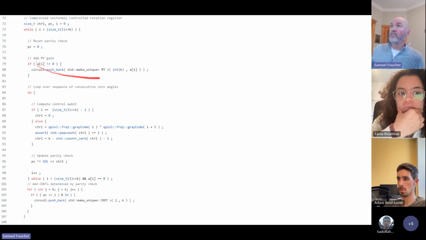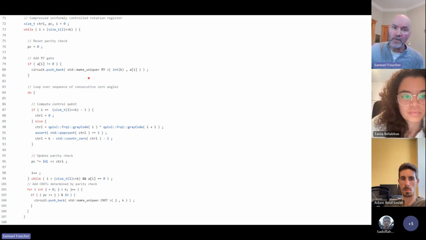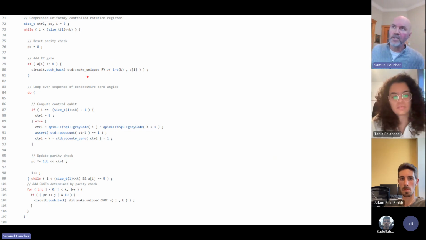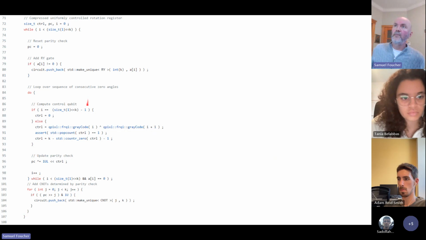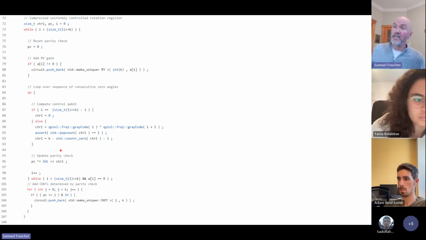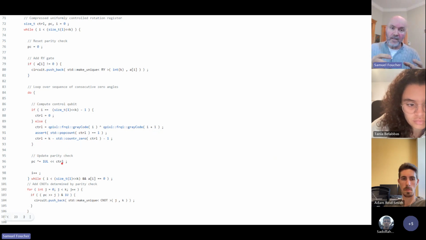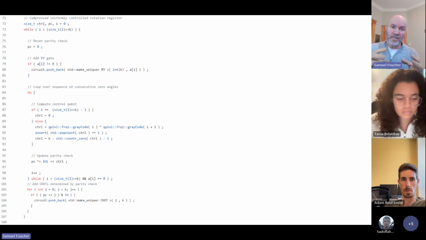And after, that's where they are creating the circuit. So they're going to push the rotations. For each of the grayscale values, we're going to create a rotation gate. And after, it's where it gets a little bit complicated. It's where you put your CNOT. Because the Walsh Hadamard transform is similar to a fast Fourier transform, you can easily plan for your CNOT gates.